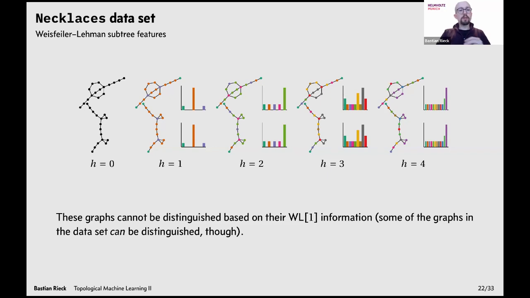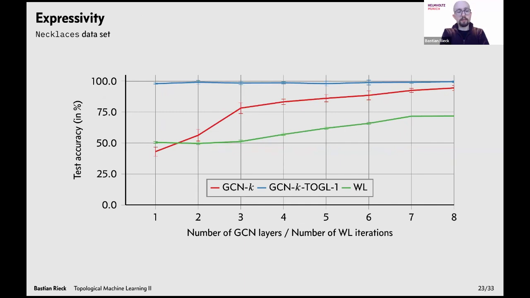But in general, the separation between this and the WL test is not good in practice, which is also what made it a good and useful data set. Again, let's take a look how that works in practice.